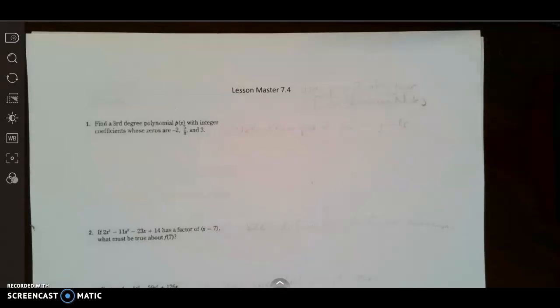The first problem asks you to find a third-degree polynomial with integer coefficients whose zeros are -2, 5/8, and 3.